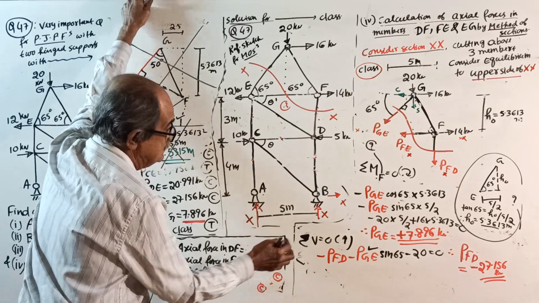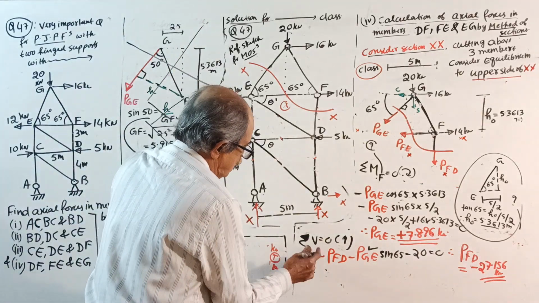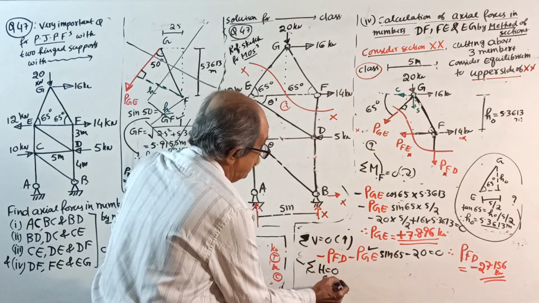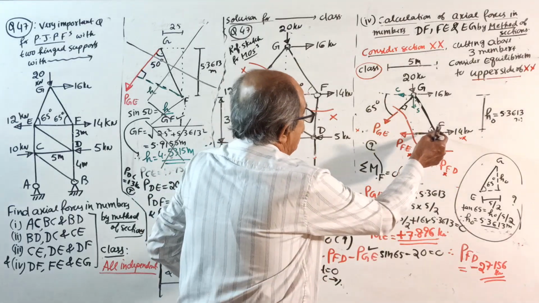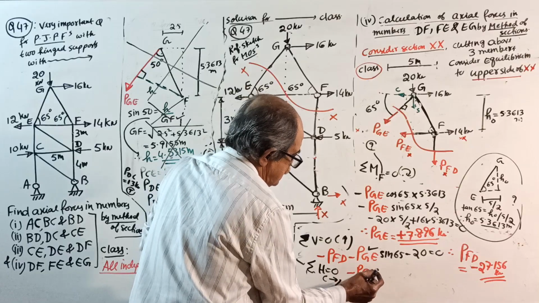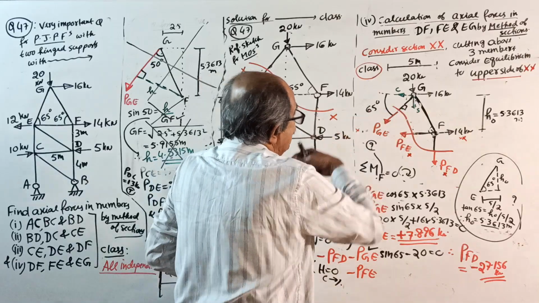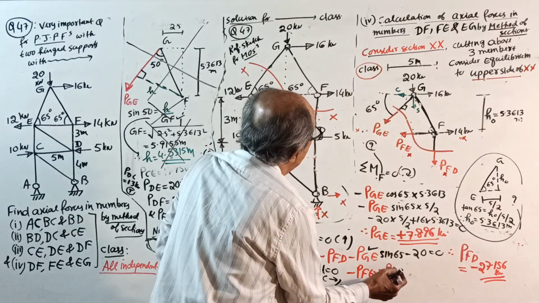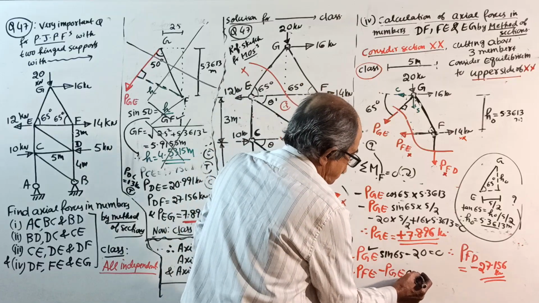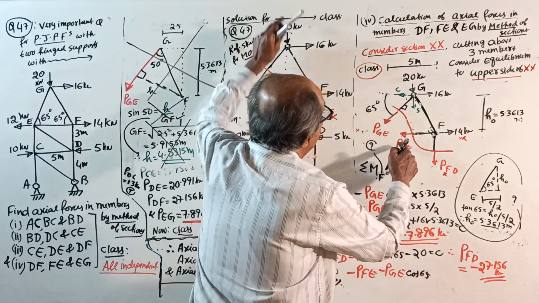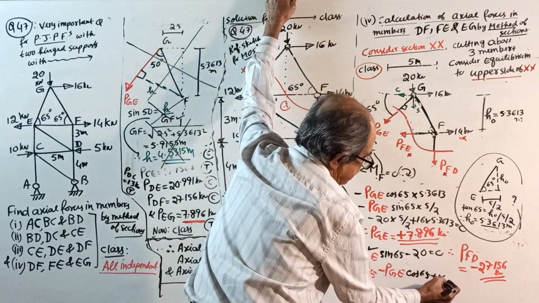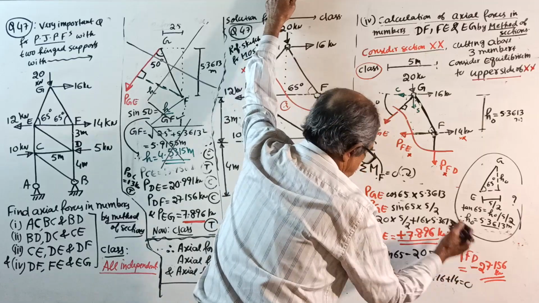Leave it now. Now lastly, sigma H equal to 0, right side positive. See here, unknown is PFE. Minus PFE, then minus PGE into cos 65, then plus 16 plus 14 equal to 0.